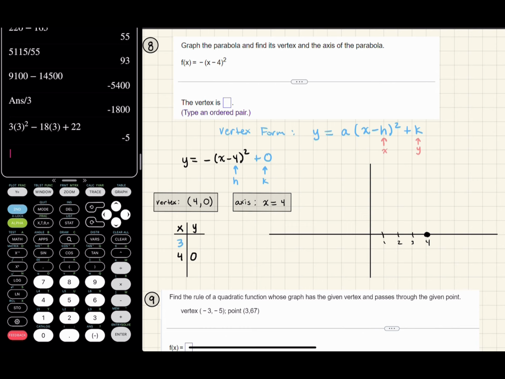So again, we're just going to plug 3 into our equation. So that'll be negative 3 minus 4 squared, and that would be negative 1 squared, or negative 1. So when we plug in 3, we get negative 1.